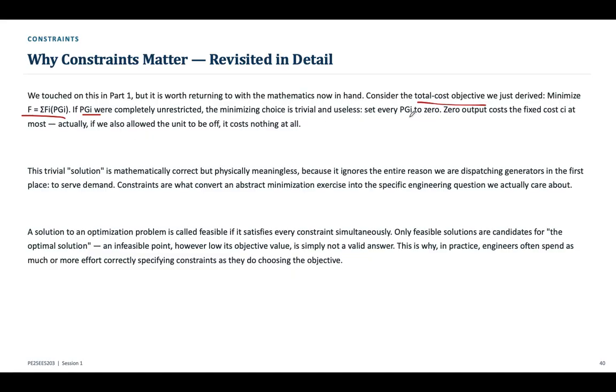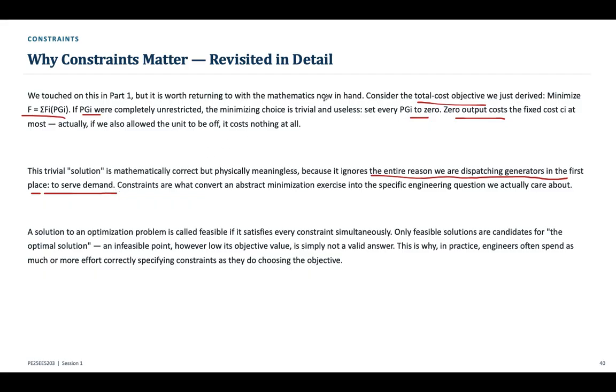Set every PGi to zero for zero output cost, fixed cost Ci at most. If we also allow the unit to be off, it costs nothing at all. Fine. So the solution is mathematically correct but physically meaningless, because it ignores the entire reason we are dispatching generators in the first place: to serve the demand.